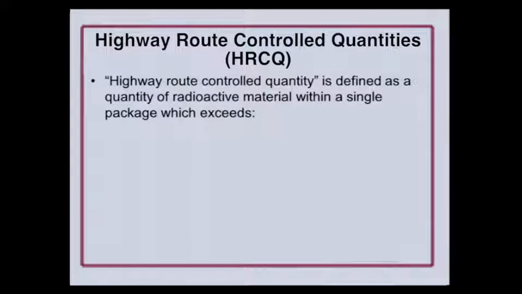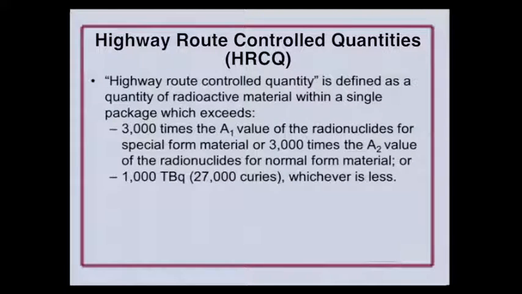A quantity of material within a single package, important, within a single package, which exceeds 3,000 times either the A1 or the A2 value, doesn't matter which form, 3,000 times that value, or 1,000 terabecquerel or 27,000 curies, whichever is less.